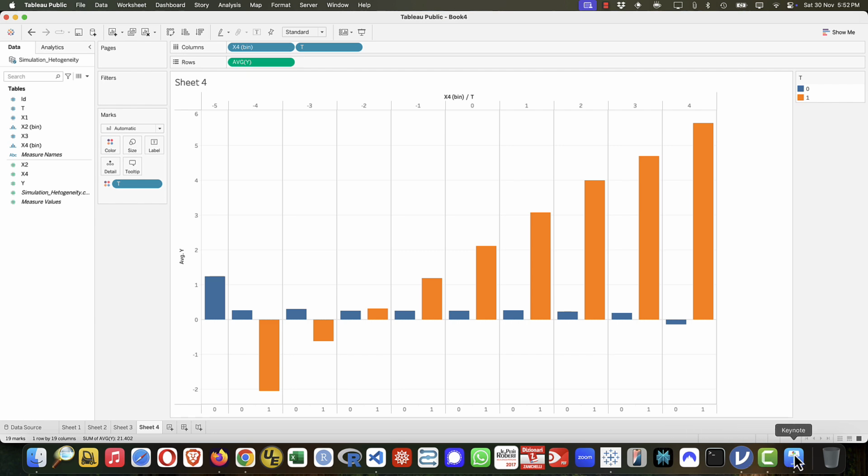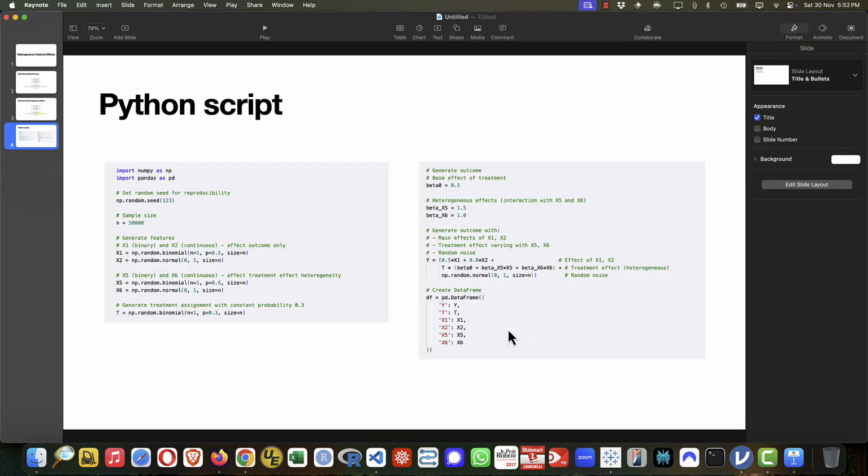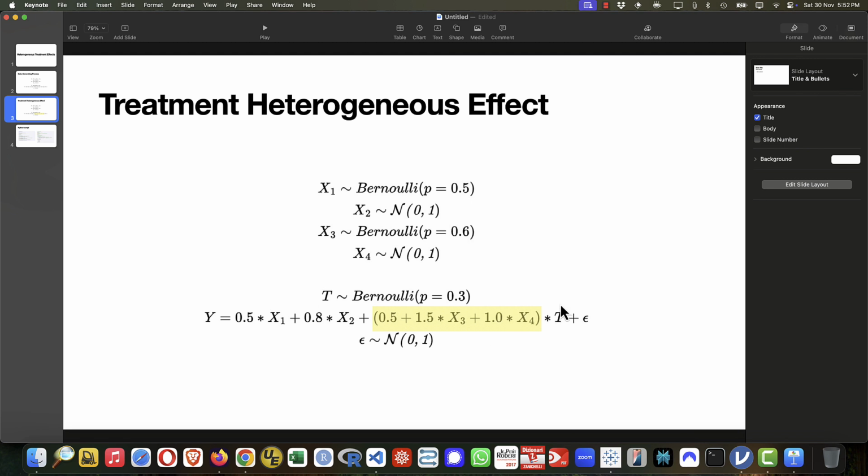And let's go back to how I created the data set. Remember, the effect of going from t equals 0 to t equals 1 depends on the values of x3 and x4. So there is heterogeneity with respect to those two variables, but not with respect to x1 and x2.